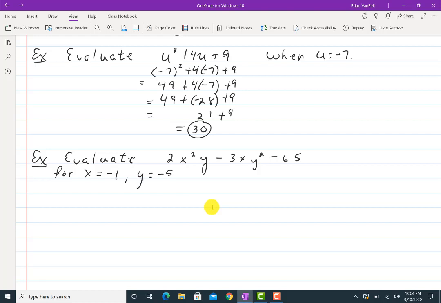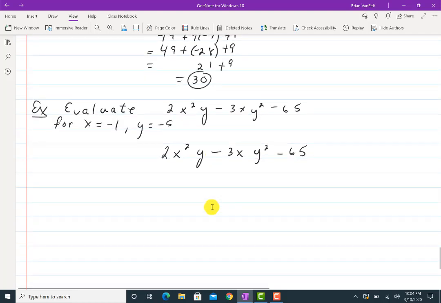So I'll replace x with -1 in parentheses, and I'll replace the y with -5 in parentheses. So let's go ahead and do that. I'll rewrite it just to make it easy to follow. And don't be afraid to give yourself a lot of space so that you can match up where the substitutions are right underneath the expression itself. So I'll put a -1 in parentheses wherever I see an x, and I'll replace the y with a -5.